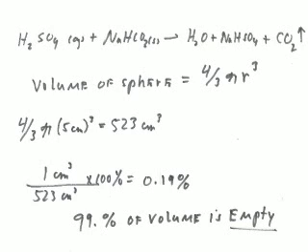Overwhelmingly, 99% of that volume is simply empty space. There isn't anything there. So when we said the particles in a gas are far apart, we meant they were far apart. Less than 0.2% of the volume of the gas is actually occupied by the gas.